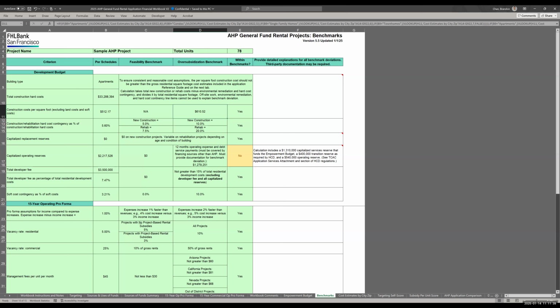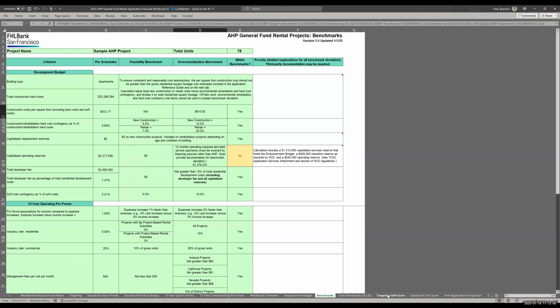LA Metro includes the following 5 counties: Los Angeles, Ventura, Orange, Riverside, and San Bernardino. All other locations in California, Nevada, and Arizona are between $4,000 and $8,000. Partnership management and asset management fees should be shown as residual receipts unless otherwise documented.